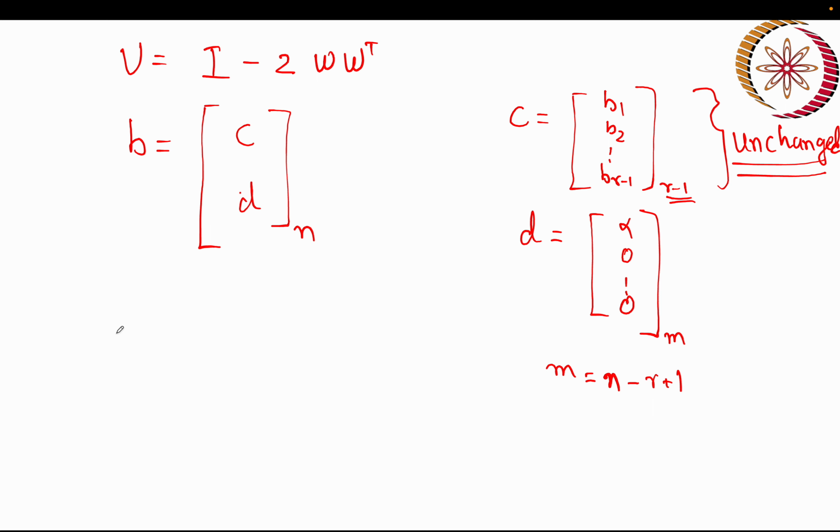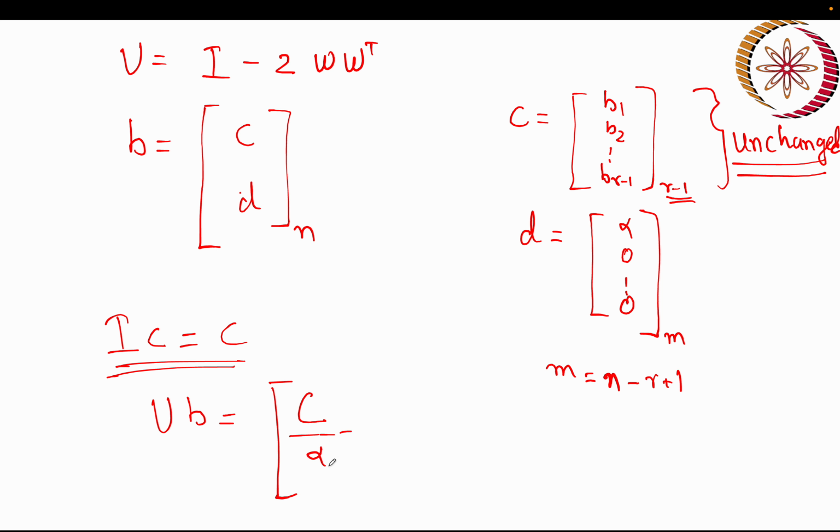So if we have some identity matrix and we multiply by c, it will be c again. So if we are performing this transformation u into b, where we want this c part to be as it is, and below this part we want alpha 0.